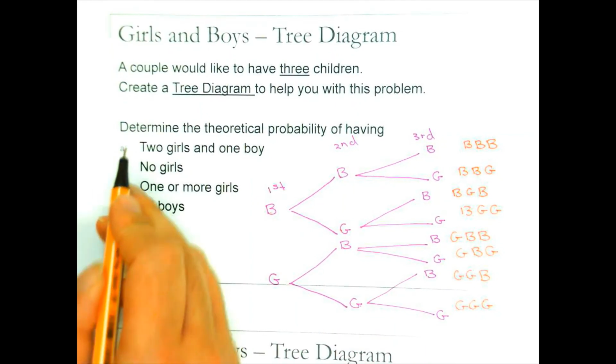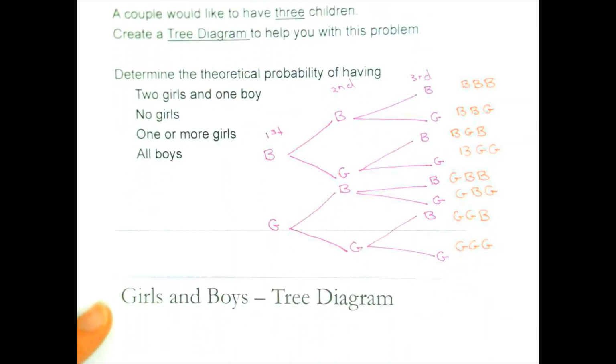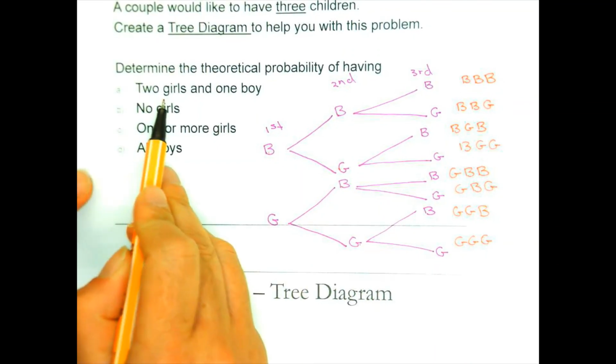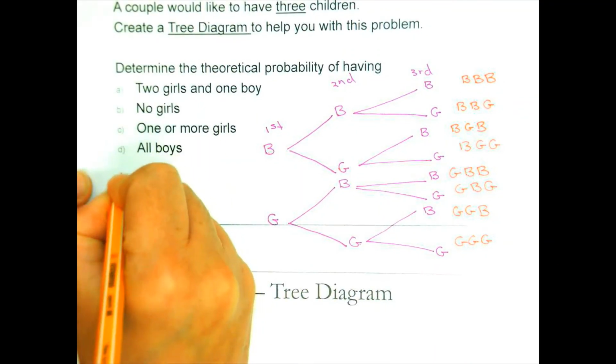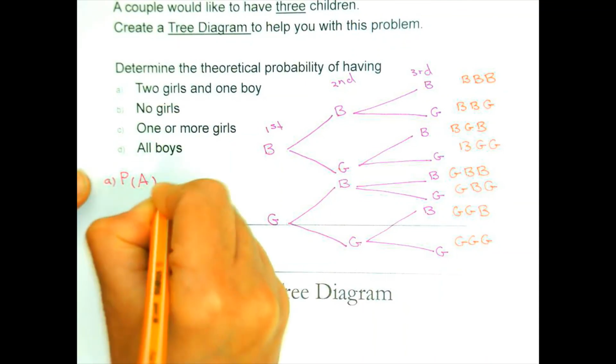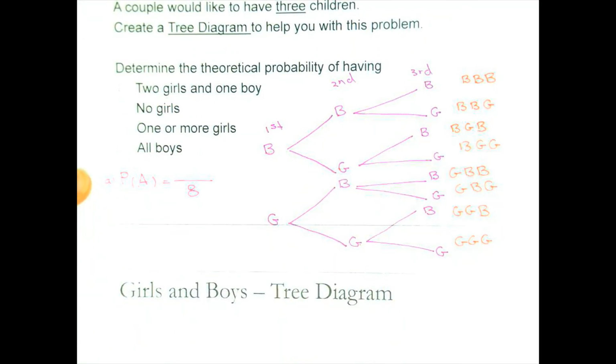Now we can focus on calculating all these probabilities. So the first one is the probability of 2 girls and a boy. So probability of A equals, there are 8 total possibilities. How many of them are 2 girls and 1 boy?